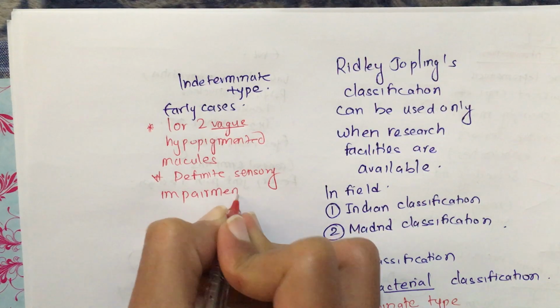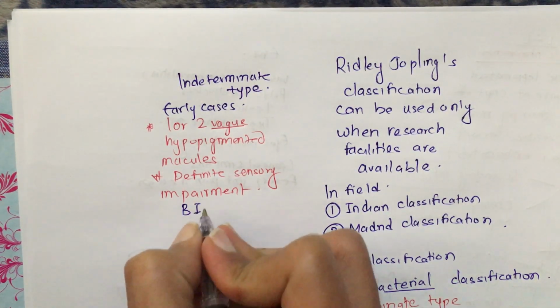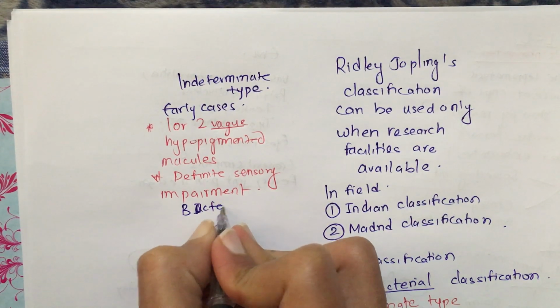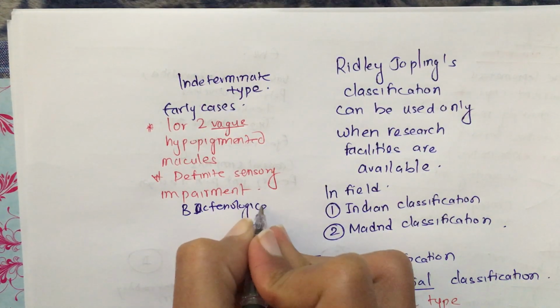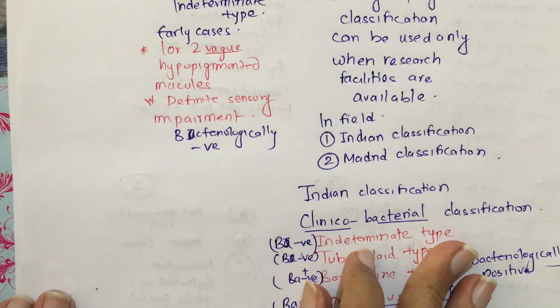And these cases are bacteriologically negative. We have already discussed that these cases are bacteriologically negative. This is the indeterminate type.